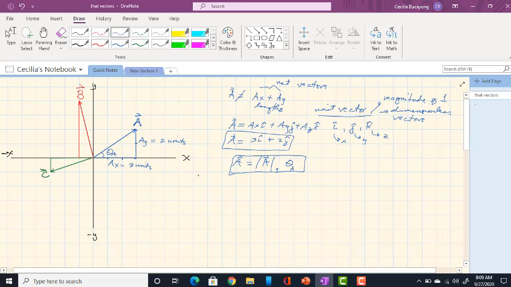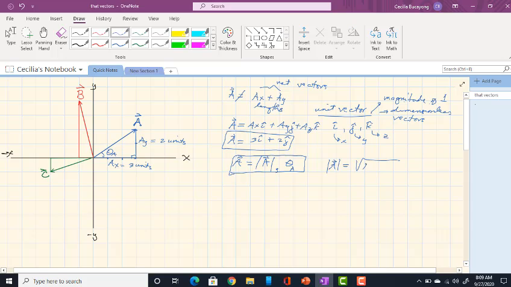So we can now compute the magnitude of a vector A, this length, using the rectangular components. In here we can see that this is a right triangle. So if it is a right triangle, then the Pythagorean theorem applies. We can compute our magnitude as our c squared, or the longer side, equal to the square root of these two sides forming the right angle.